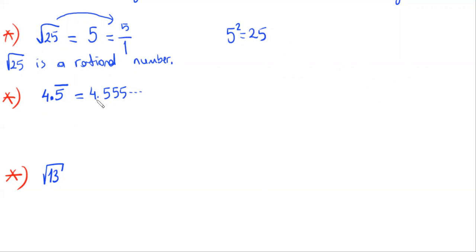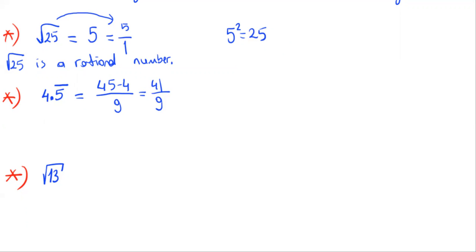So we can write this as a fraction. How can we do that? This is actually not the topic of this video, but we can write this as 45 minus 4 over 9, which is 41 over 9.